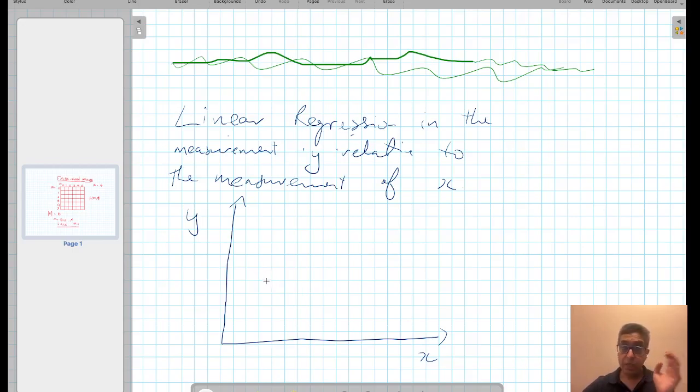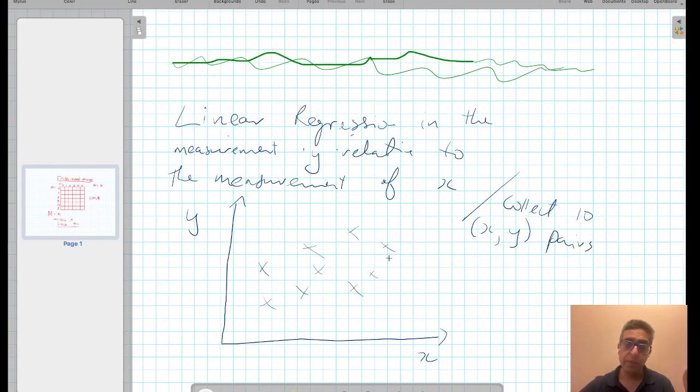So if we collect pairs of observations, xy pairs, and let's say we've got 10 xy pairs, those 10 xy pairs can be dropped into this two-dimensional space. So I'm plotting them as little x's. 1, 2, 3, 4, 5, 6, 7, 8, 9, 10. So there are xy pairs.